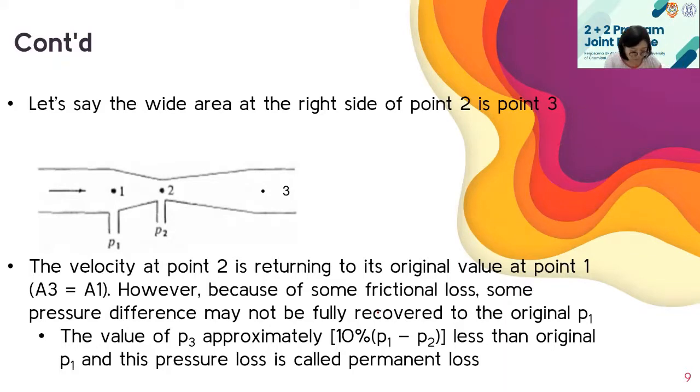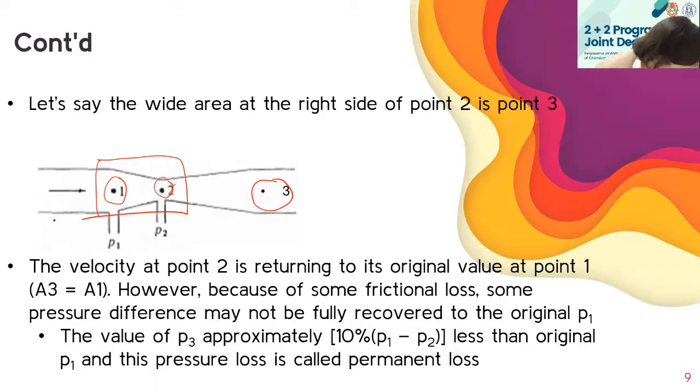Now, the last slide for the Venturi method. Previously, I told you that there is a compression from point 1 to point 2, and then also an expansion from point 2 to point 3. But previously for the calculations, we only focused on 1 and 2, only the compression. We did not see the expansion. Let's say in this case, we have a wide area where the point at the right side of point 2 is point 3.